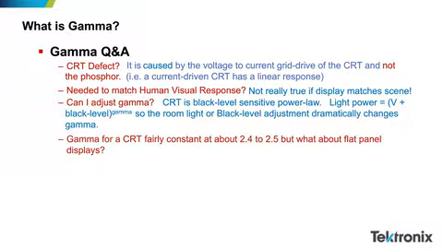So a gamma for a CRT is pretty consistent at 2.4. But what about flat panels?